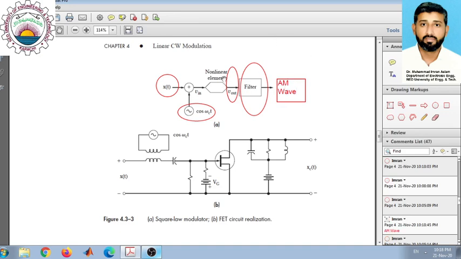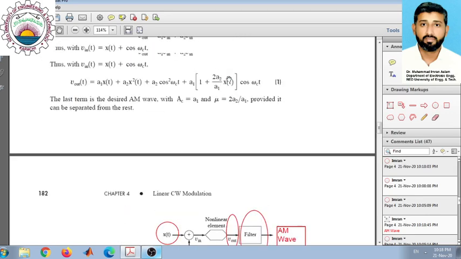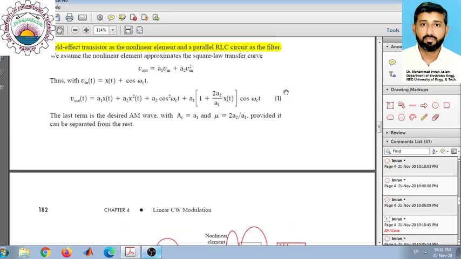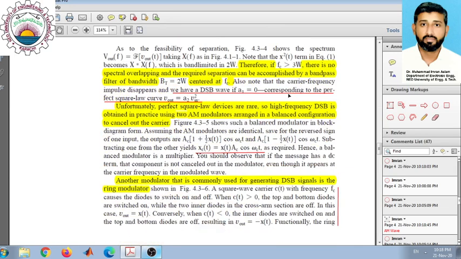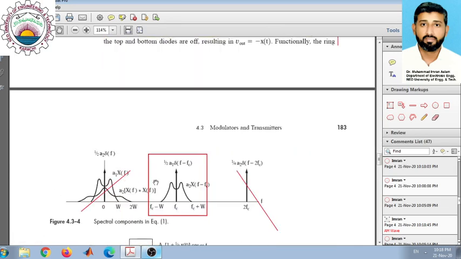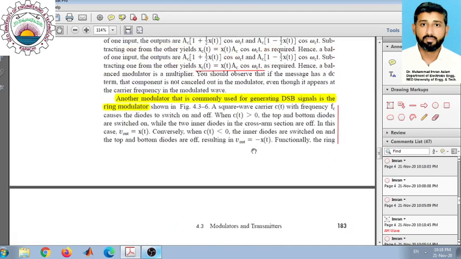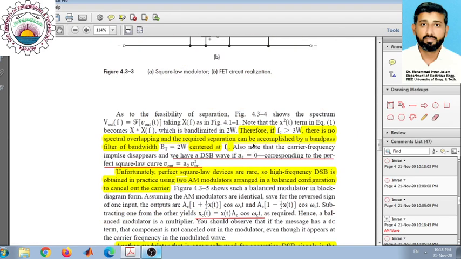Okay. So this non-linear element actually generates a number of terms, but the good thing is that different terms have spectral components which are actually non-overlapping. Why are they non-overlapping? Because carrier frequency is generally much greater than 3W. The basic mathematical restriction is that fc should be greater than 3W. 3W is the bandwidth of the message signal.